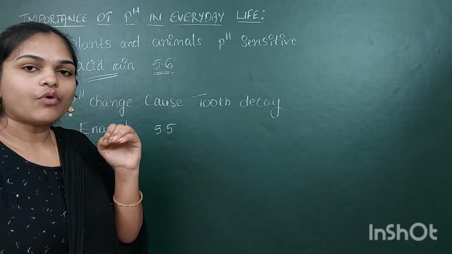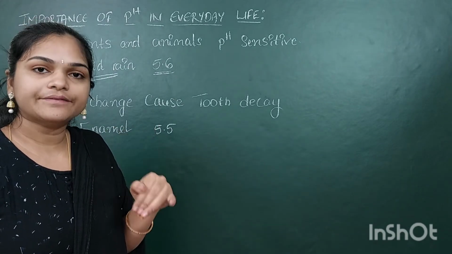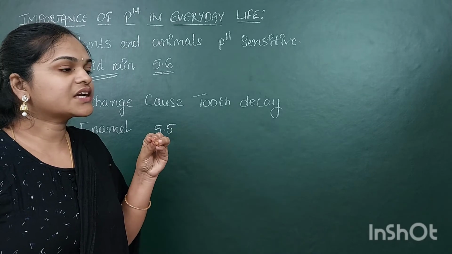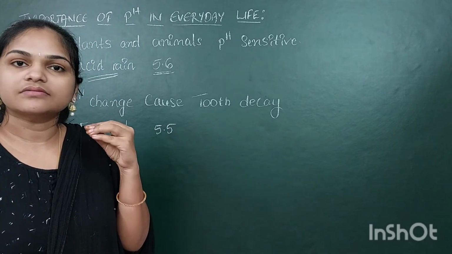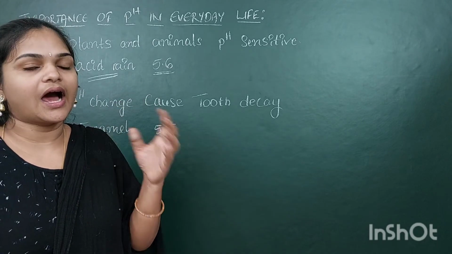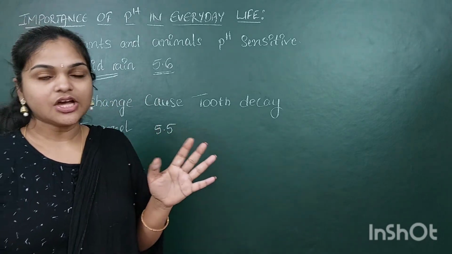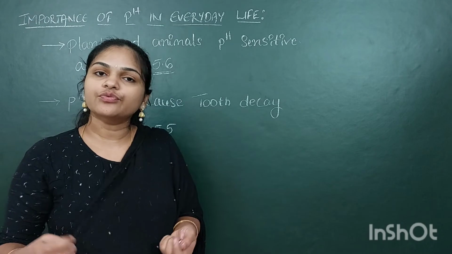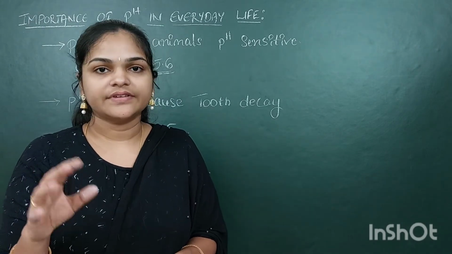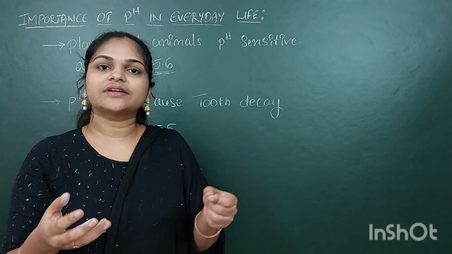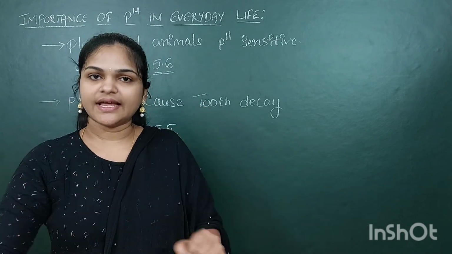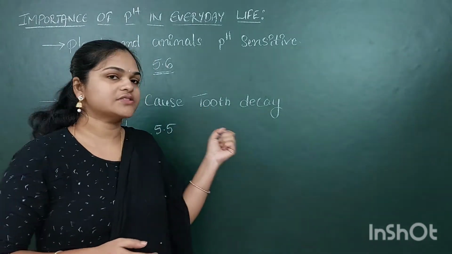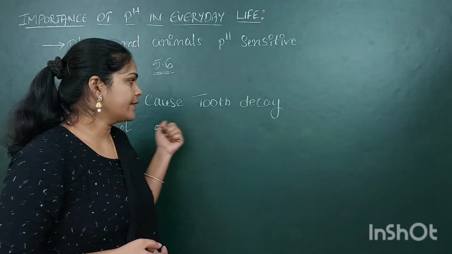So what do we have to do? We have to clean our mouth properly after having our lunch or our meal. After taking our food, we have to clean our mouth with water. Otherwise, the bacteria will form. If the bacteria's pH value is less than 5.5, it causes damage to enamel.